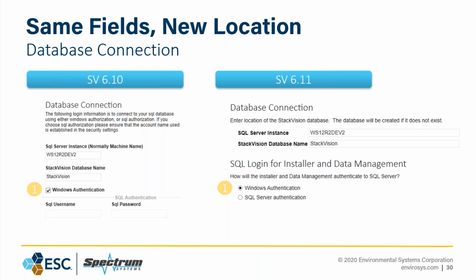It also will select for the installer whether to use Windows authentication or SQL Server authentication. Also, this particular page has an advanced setting that I will be mentioning later in this slide presentation as well.